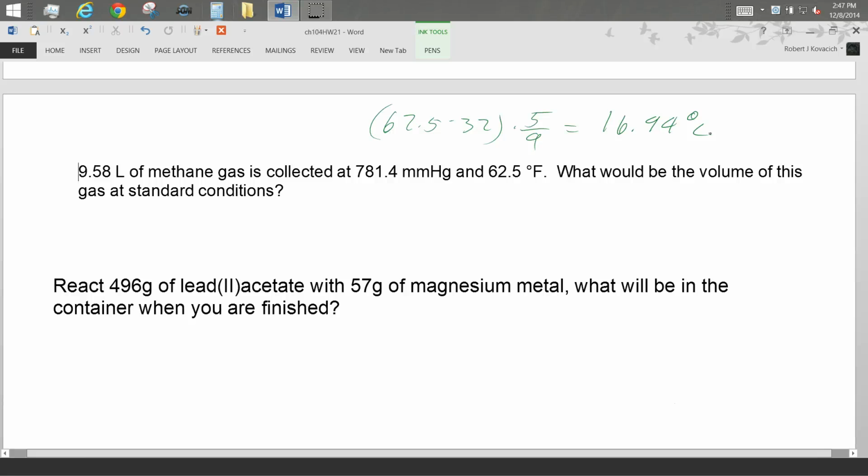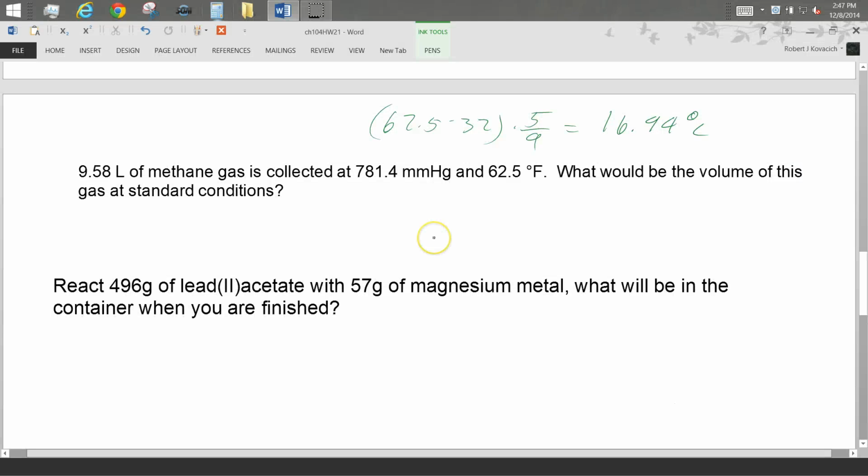And then we'll add 273 to this value, and how many sig figs do we have? 3? All right. So 273, and I end up with 289.9 Kelvin. Alrighty.